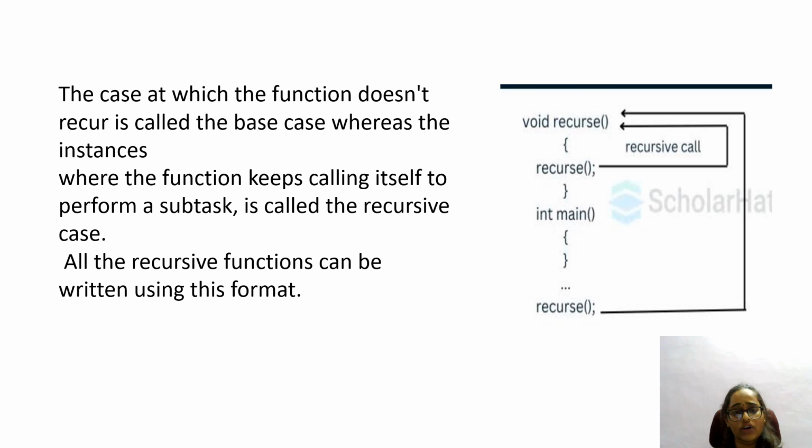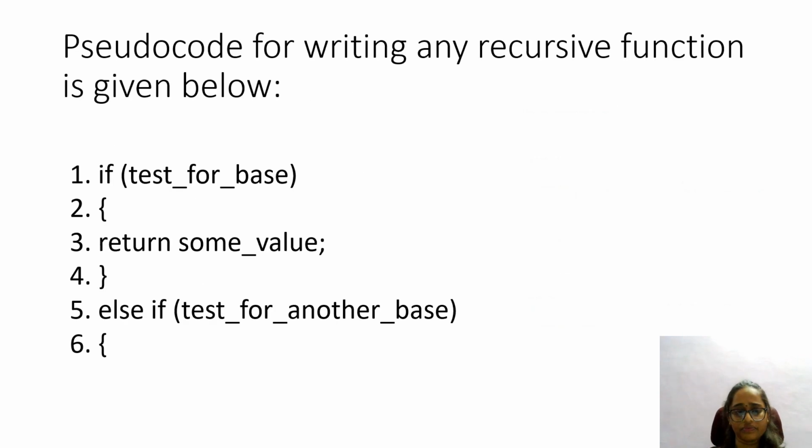All recursive functions can be written using this format: void recurse, then int main, open and close bracket, and recurse, return 0. Here we can see that until it reaches the base value, it will be continuously calling itself. Recursion is a function which keeps continuously calling itself.